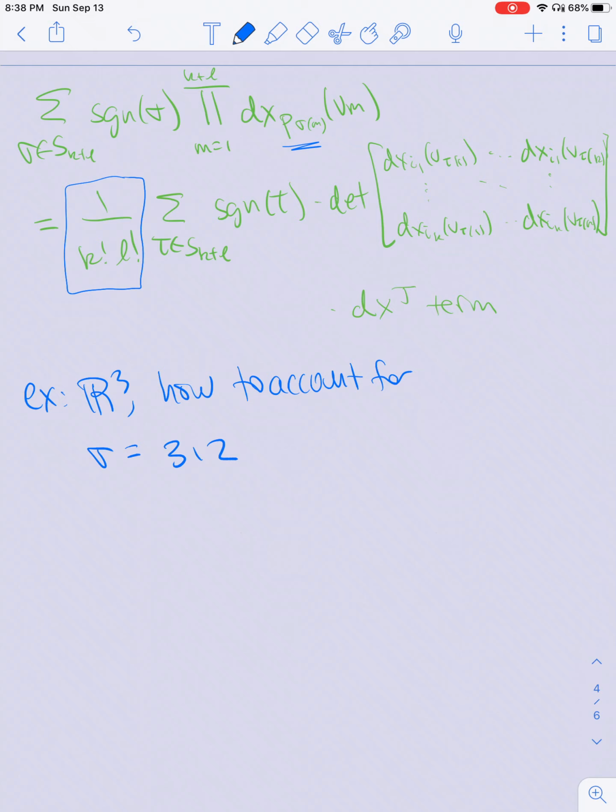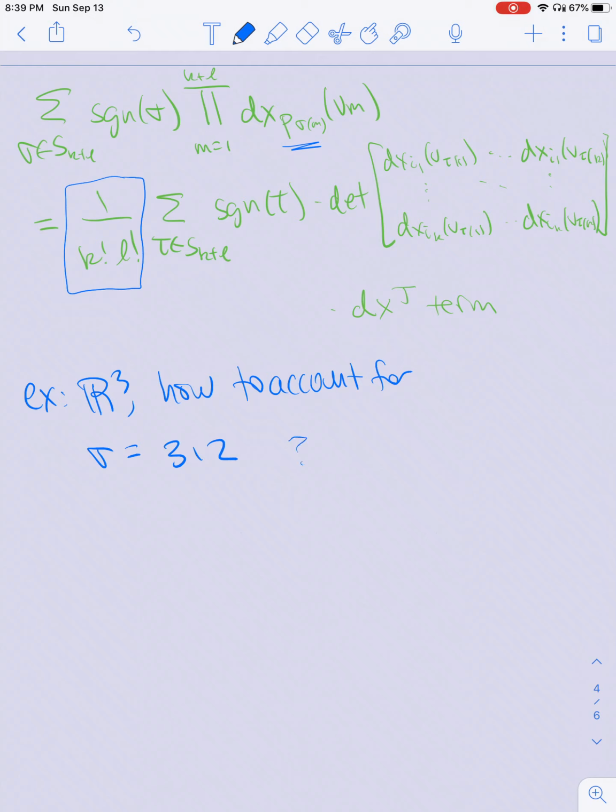What is the sign of this? So 1, 2, 3. I can switch the 1 and 2, 2, 1, 3. I'll switch the 2 and 3, so it's 1, 3, 2. And then I'll switch the 3 and the 1, 3, 1, 2. So the sign is just 1.